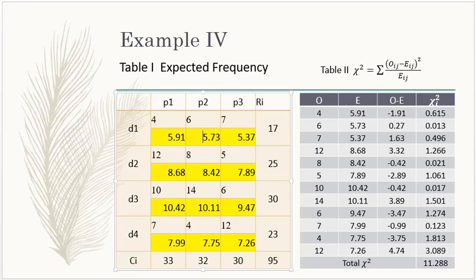Here it is 17 into 30 by 95. Likewise, 25 into 30 by 95, and it goes on like that. You get the expected frequencies, which are presented in yellow. Then you write O and E and calculate chi-squared as the sum of (Oi minus Ei) squared over Ei, which gives you the chi-squared value.